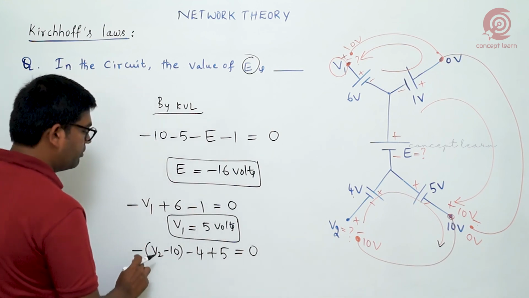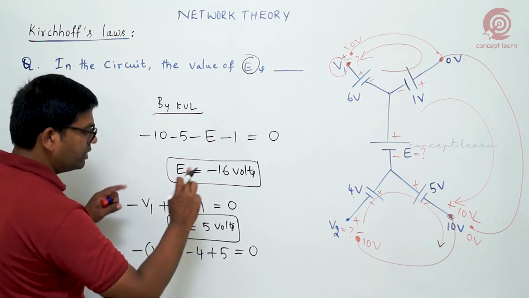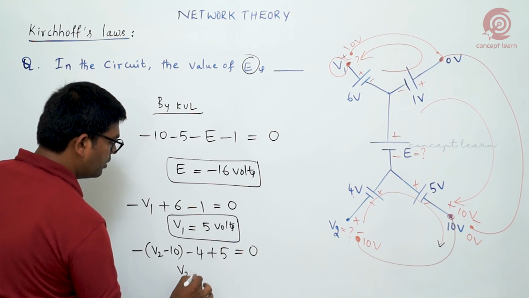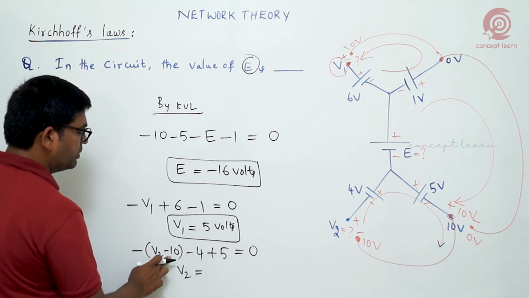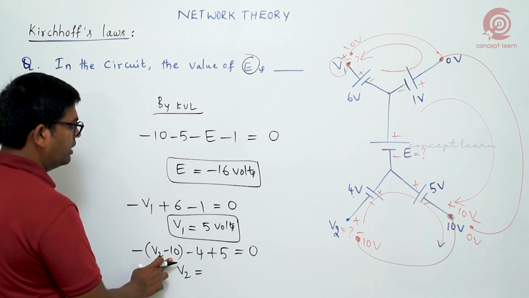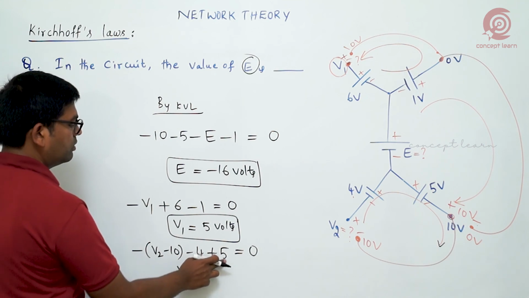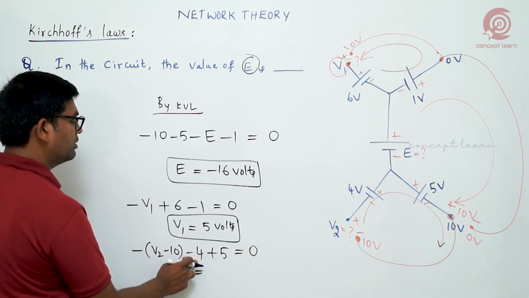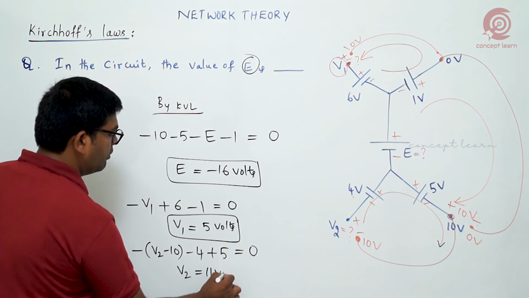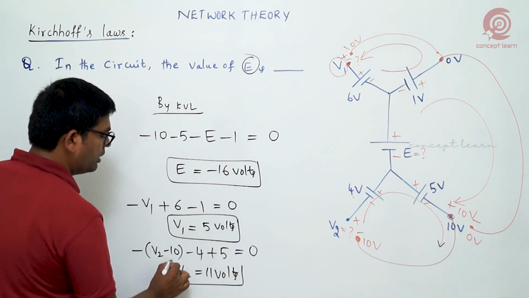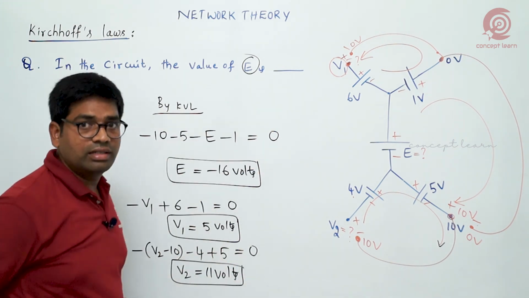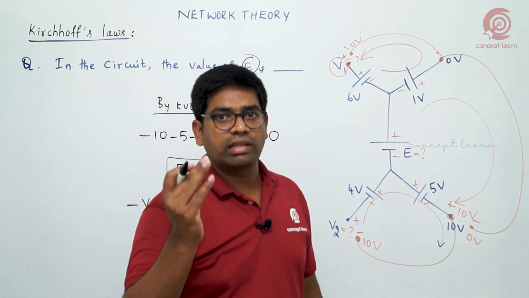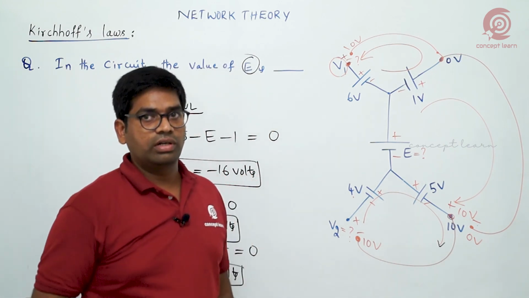Simplify this, minus V2, you take this V2 to the other side. Minus of minus becomes what? Plus 10, plus 10 plus 5, 15 minus 4 means we will get 11 volts. In this way we applied KVL to find the values of unknown voltages.